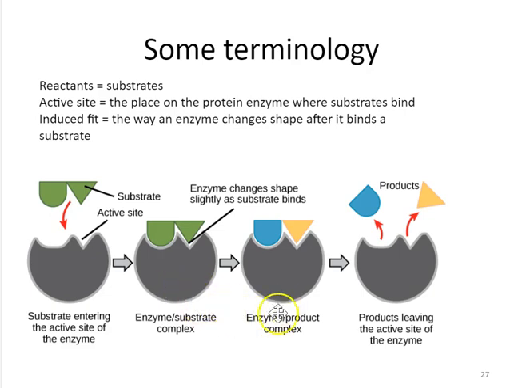And this figure is not doing a great job showing that change, so you could even modify this with a note where you draw a little bit of a shift in this shape, and that will help this chemical reaction occur by reducing activation energy. More on that in a moment. And then once the products are formed, they will be released from the active site of the enzyme. And the enzyme will be able to repeat this, so it won't be used up. It's recycled.